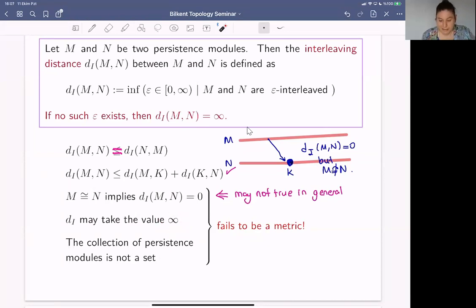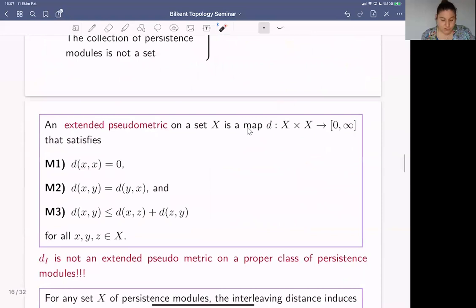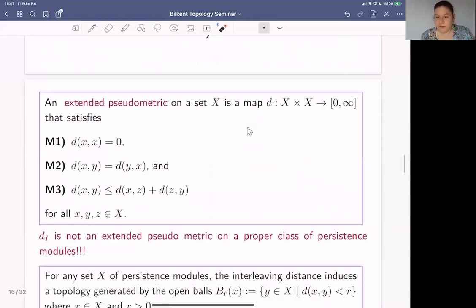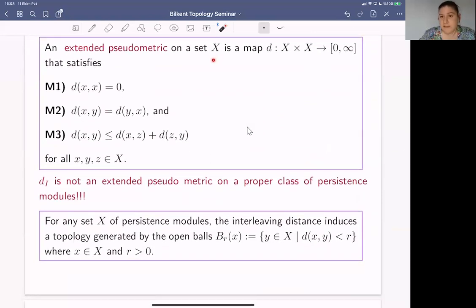But anyway, if we consider the definition of an extended pseudometric, we are going to start with a set X, and then this metric can also take infinite values. That's why we say extended. And the word pseudo comes from the fact that when the distance between two points is 0, we cannot say that these two points are equal to each other.